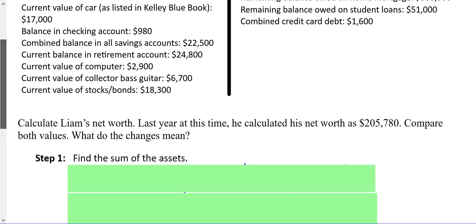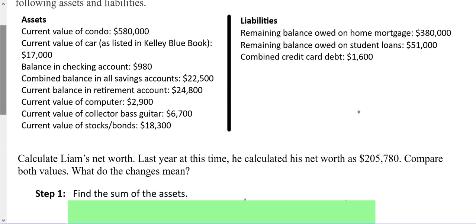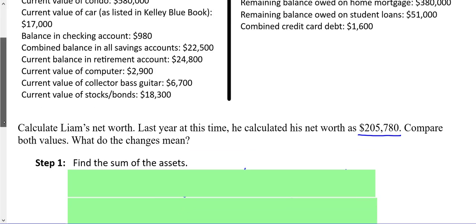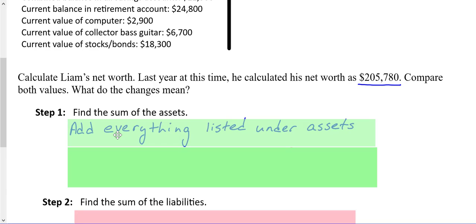So we want to calculate Liam's net worth. Last year at this time, he calculated his net worth at $205,780, and we want to compare both values. What do the changes mean? So first off, we need to find the sum of the assets.